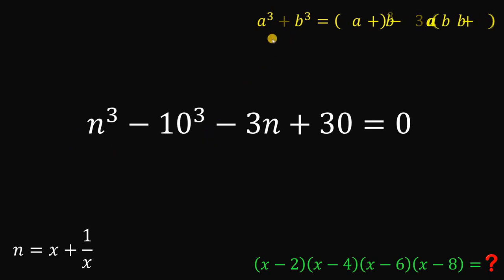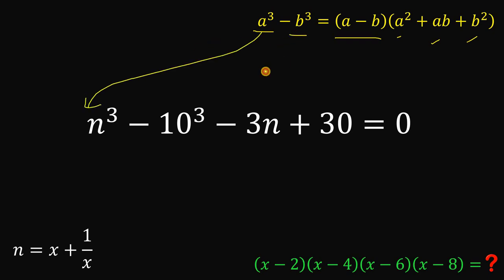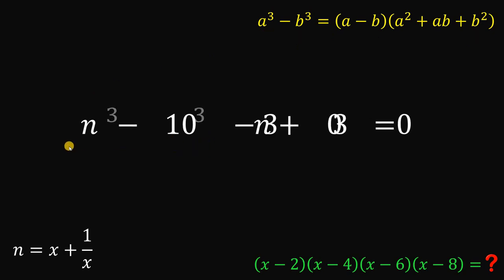So we can use this identity. If we have a cubed minus b cubed, this can be factored as (a minus b) multiplied by (a squared plus ab plus b squared). Now, a represents n and b represents 10. So, n cubed minus 10 cubed can be factored as follows.